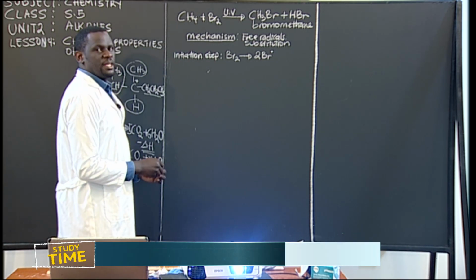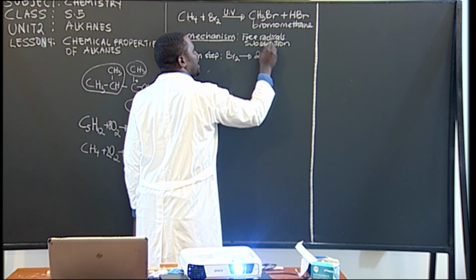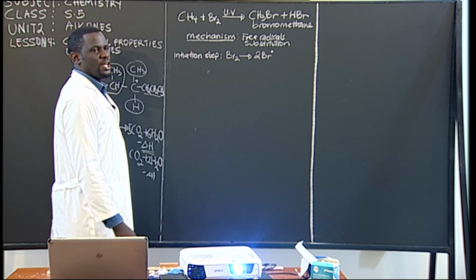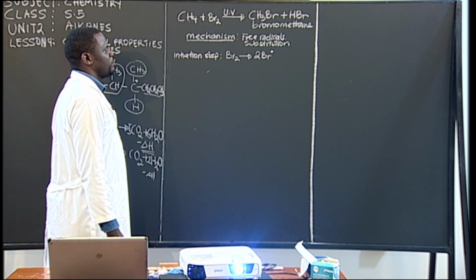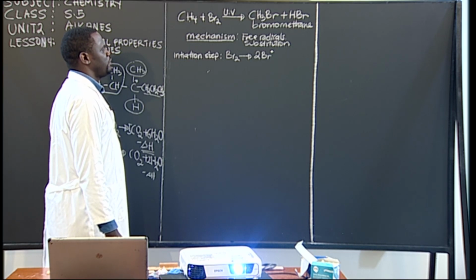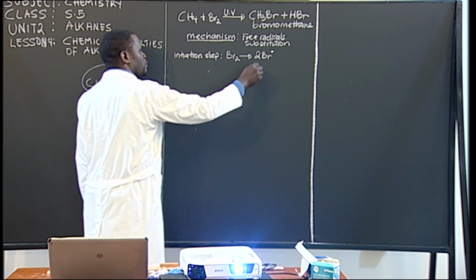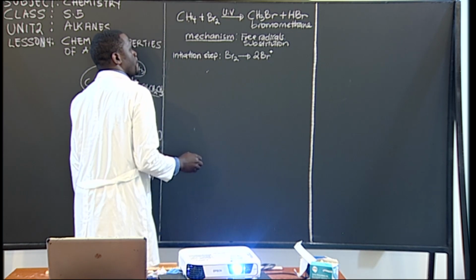Normally, this dot helps us to know that we have formed a free radical. We have formed a what? A free radical. So we have a non-paired what? Electron there, which forms what we call a free radical. That non-paired electron rotates around its axis and is called a free radical.